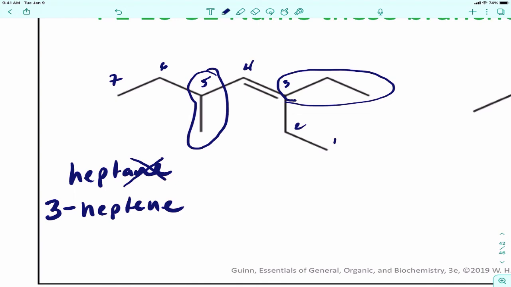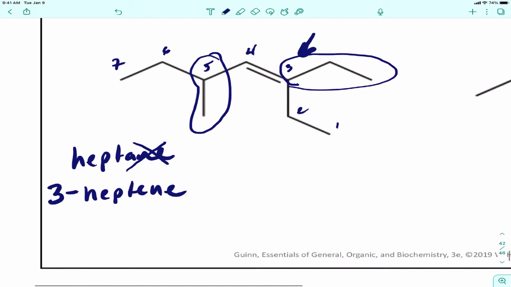Because carbon 3 actually has no hydrogens here, we can't use cis or trans. Usually you want something where you only have one hydrogen on each carbon of the double bond. That you don't have, so you don't have to worry about cis or trans with this one.